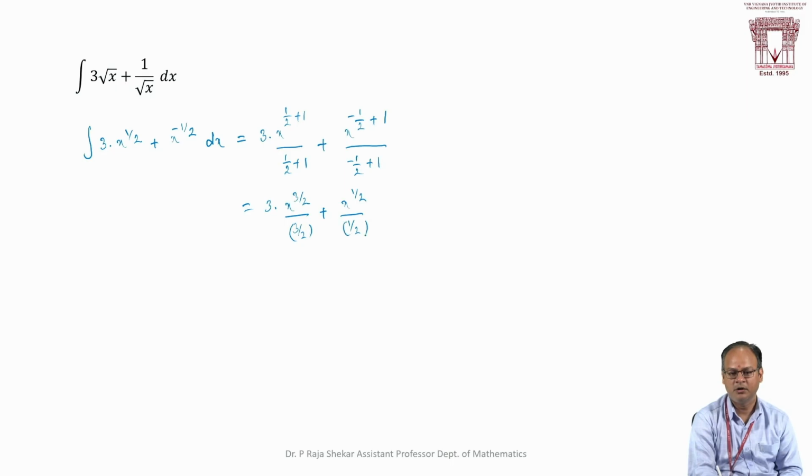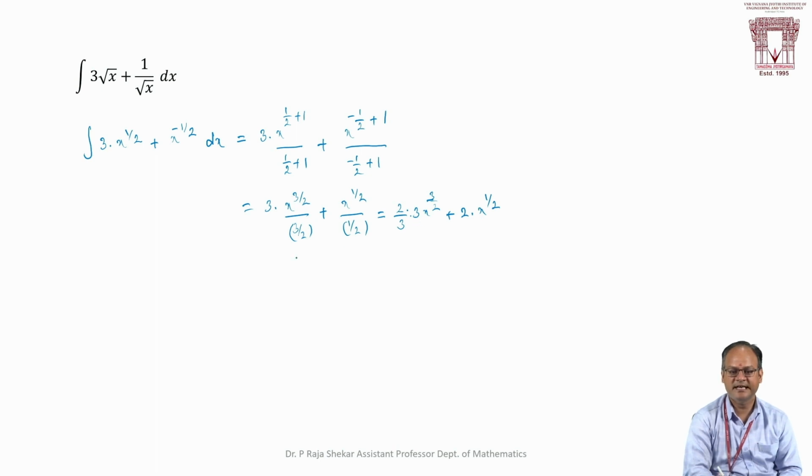Here the 3 by 2 comes out to be 2 by 3, so it is 2 by 3 into x to the power 3 by 2, and here 1 by 1 by 2 comes out to be 2 into x to the power 1 by 2.